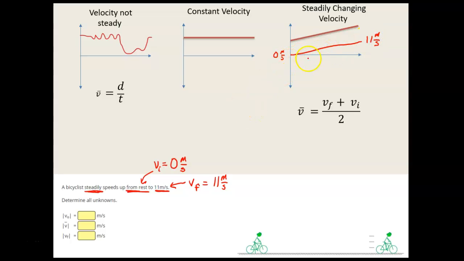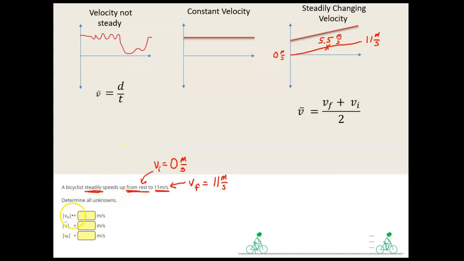Okay, so when you get those two bits of information, you should say, I know how to find the average. I just add those two numbers and divide by 2. 0 plus 11 divided by 2 is 5.5. So I know our average velocity now, which is great. Okay, but now let's start plugging stuff in.